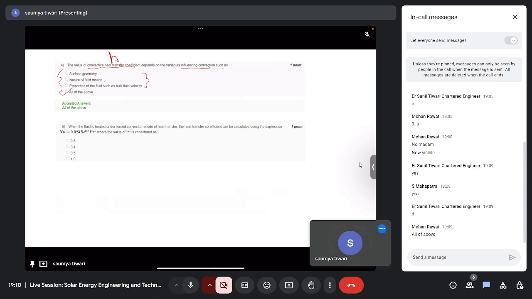Now, the next question is, when the fluid is heated under forced convection mode of heat transfer, the heat transfer coefficient can be calculated using this expression. The expression is already given in the question. Now, what has been asked is what will be the value of this n?